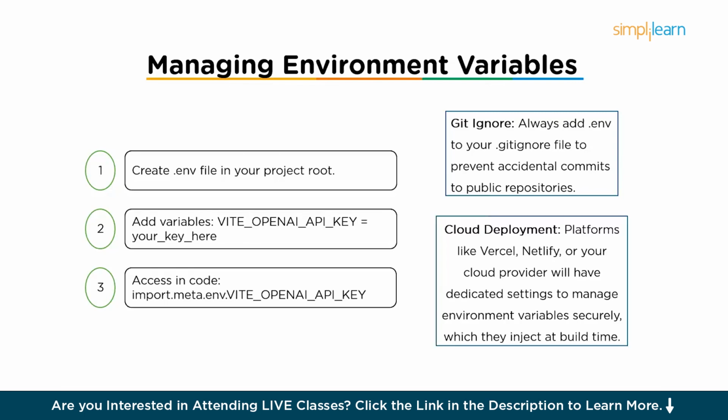Second, for deploying your application to cloud platforms like Vercel, Netlify, or specific clouds like AWS, Azure, or Google Cloud, each will have dedicated settings to manage environment variables securely. So while .env files are great for local development, always remember the security implications and the proper deployment strategies for production environments.